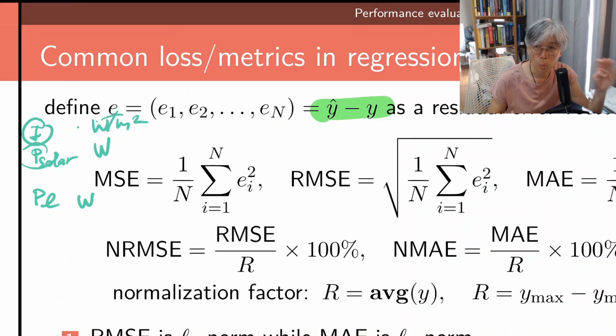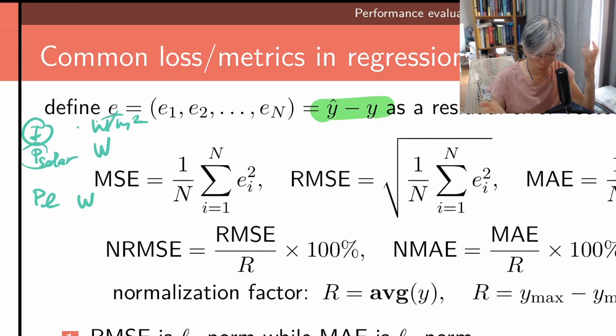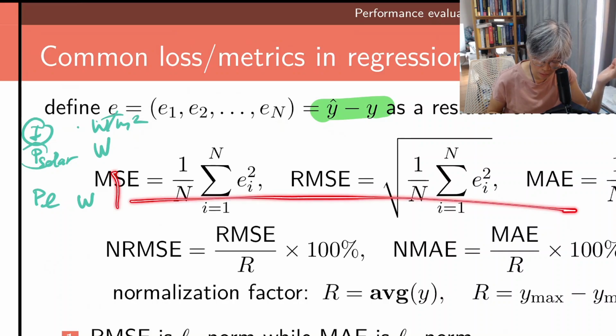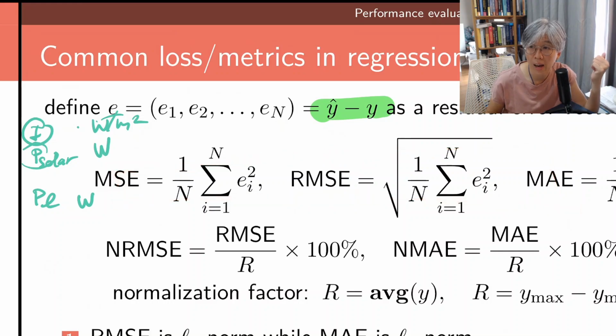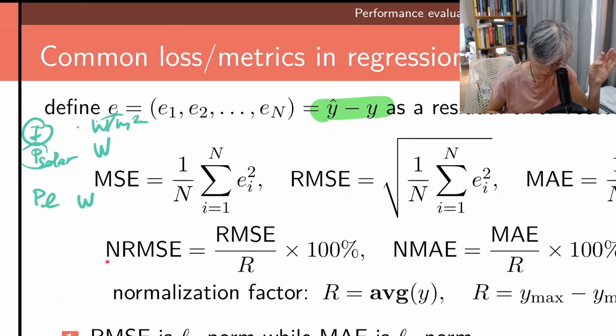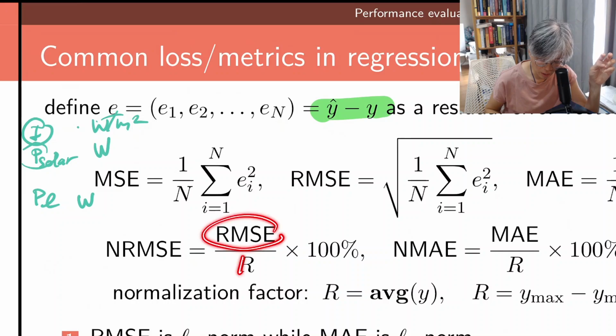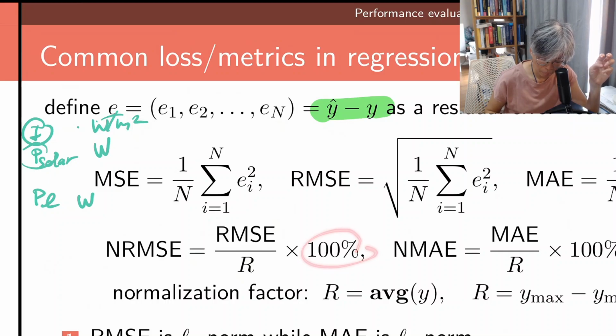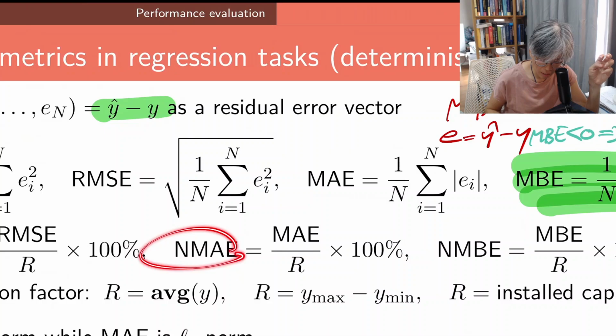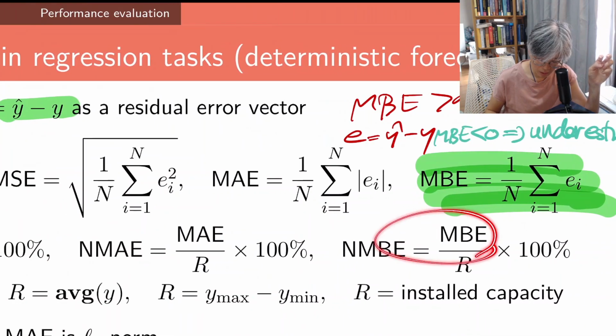My only point is that all of these metrics can be normalized by removing the effect of the data magnitude. So we're going to use the term NRMSE, where N stands for normalized. It is given by whatever metric you use divided by the normalization factor R, and then made into a percent. Normalized MAE, normalized MBE.